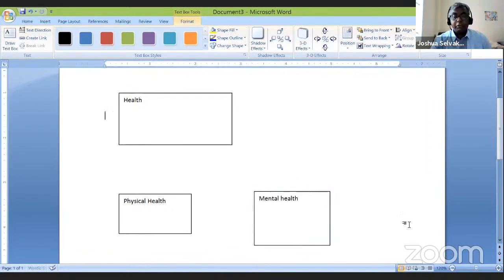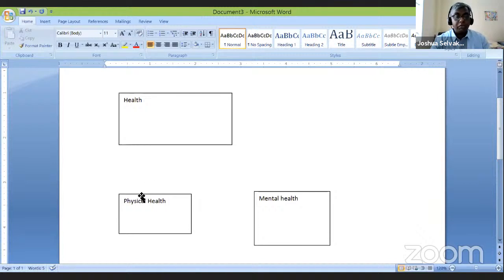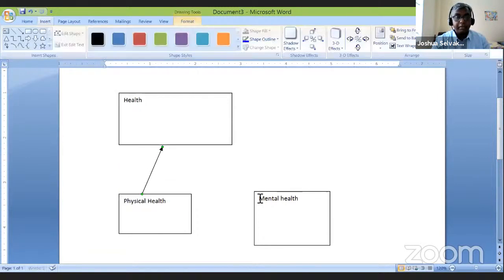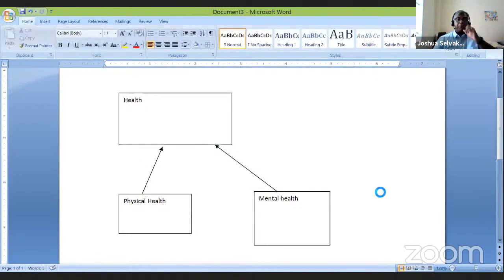So these two boxes are going to help me to understand the word health. I'll put an arrow here, one more arrow. So I can understand the variable health with the two sub variables, physical health and mental health.